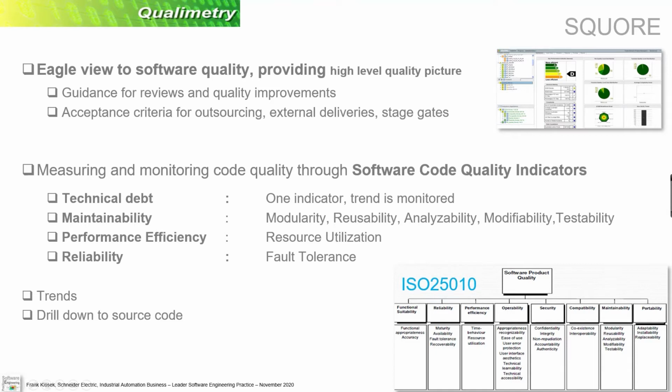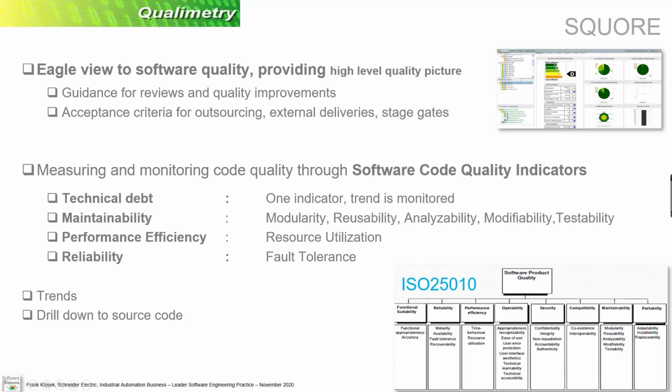We are using Squore, or this model implemented in Squore, also for acceptance criteria for outsourcing and getting code back, when we want to check what's the real quality of the code and not just whether the features are working. So this is very important, that we can now see much better the deliverables and their quality.